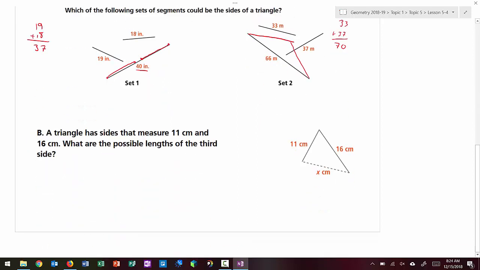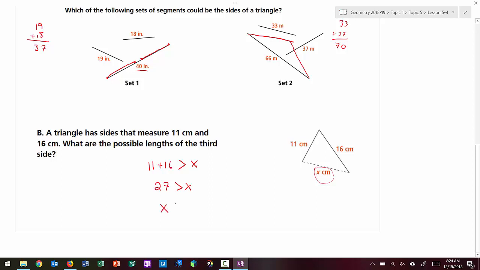And that leads us to our final piece here, is they want to know what are the possible side lengths of this third side. This is where inequalities come in because it can be a bunch of different things. The way you're going to do this is, let's assume that this is the longest side. So that tells me that I have to do 11 plus 16, and those together have to be bigger than x. If we solve that, we'd end up with 27 greater than x.